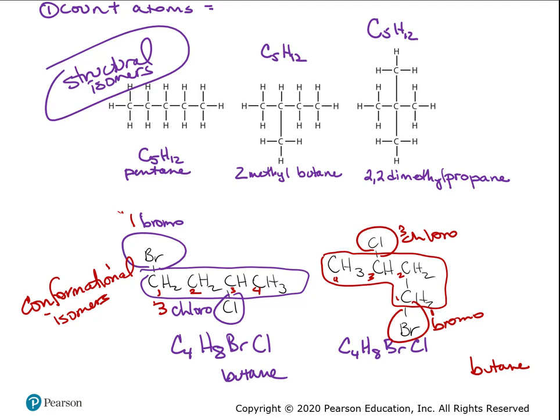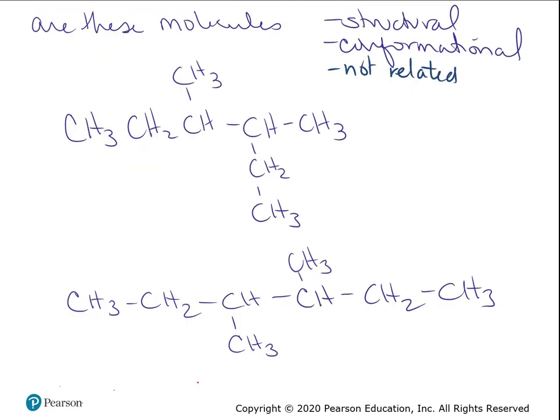But when you went about naming, they had the same name. They both ended up being 1-bromo-3-chlorobutanes, even though they look different because of the way it's flipped up and bent. So do make sure, if they have the same number of atoms, you know they're going to be an isomer type. Going through the naming for ones that might not be so obvious will help you identify them correctly.